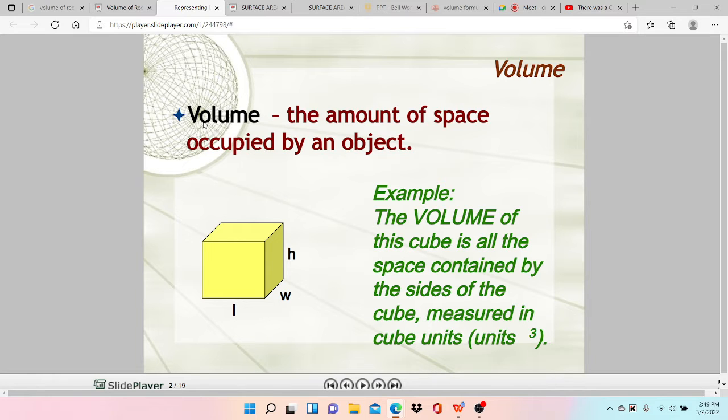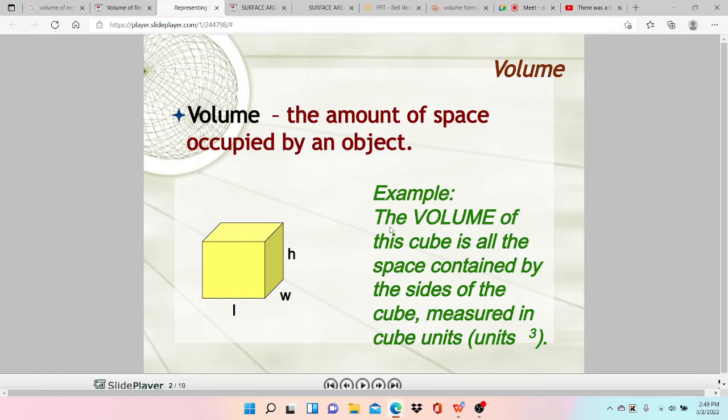Volume. The amount of space occupied by an object. Okay.